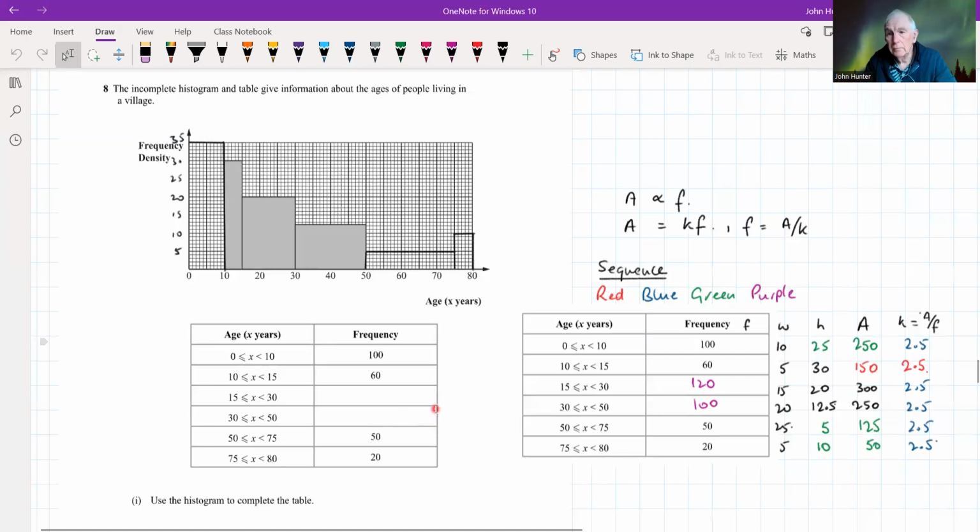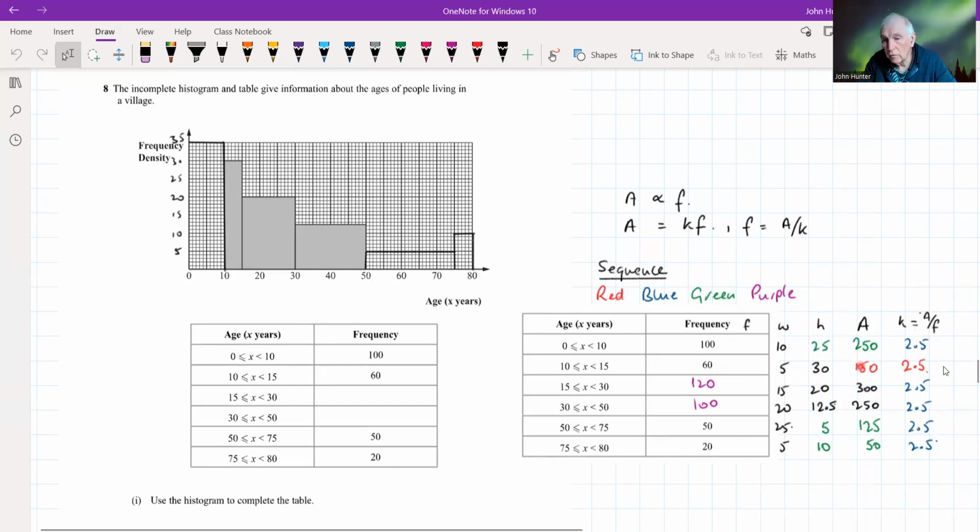So yeah, that's how it's done. I think the key to this is that we'll always get something that looks like this, with a class width and then a frequency. If we add a few more columns ourselves, the width, the height, the area, and then the constant, which is the area over the frequency, then we've got the framework for doing it.